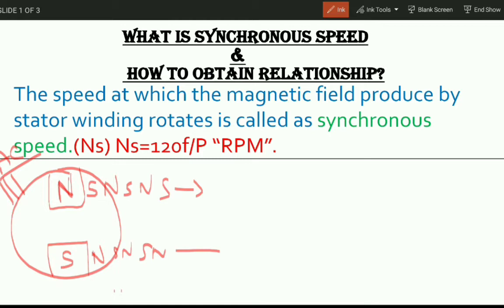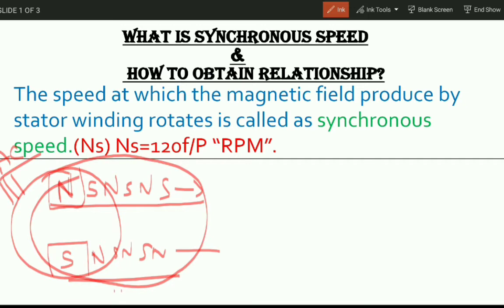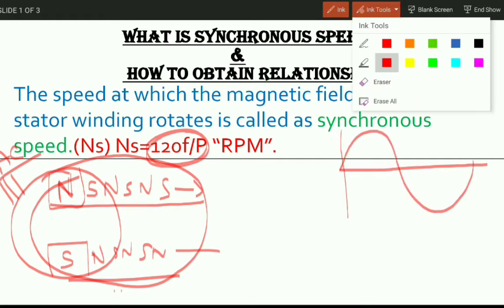It changes 50 times per second because our frequency is 50 hertz. By this technique we are going to obtain the relation. Now this is a complete revolution for one cycle.